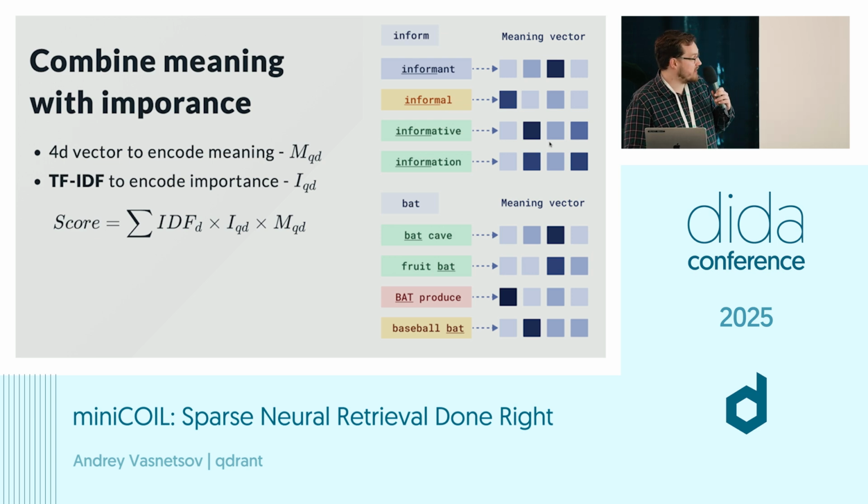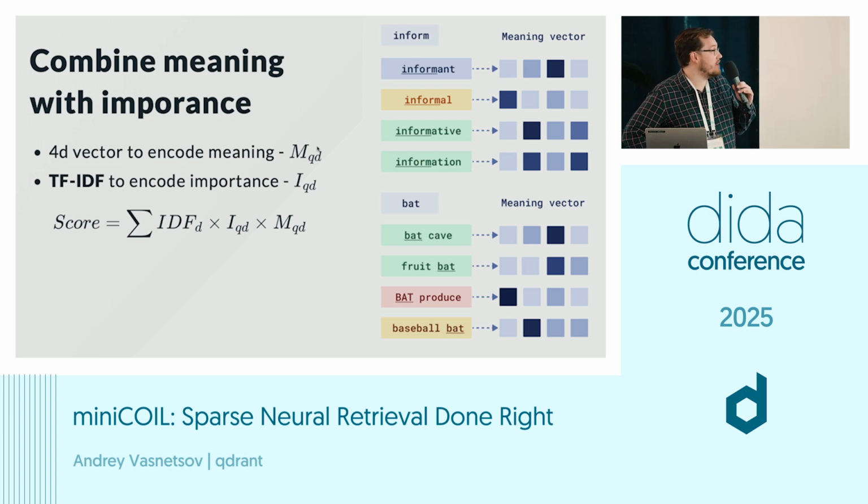And this small vector is a source of our similarity information, which we denote here as an M. So it's the only formula in my slide, so no worries. It's not going bigger than this.